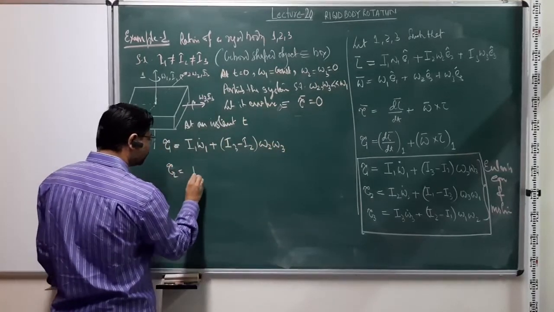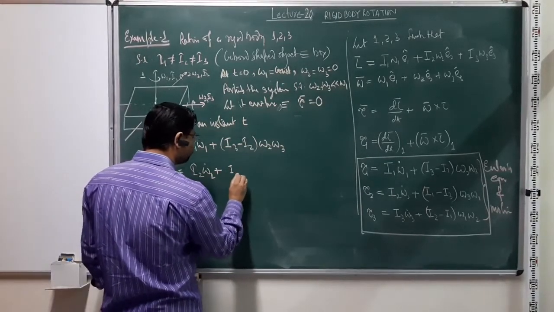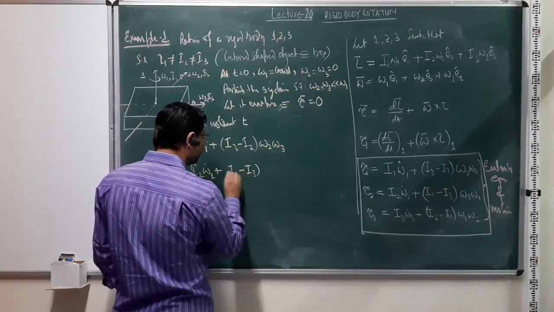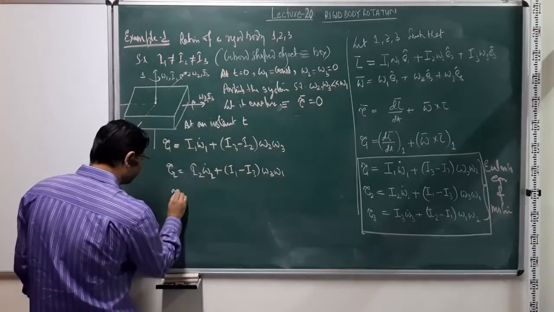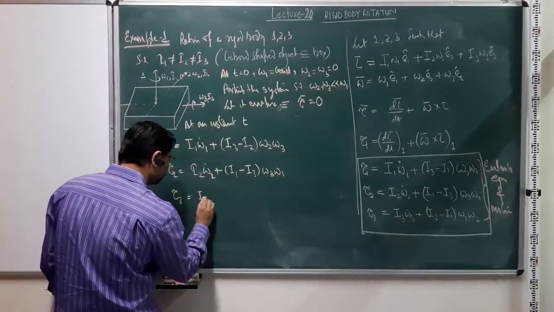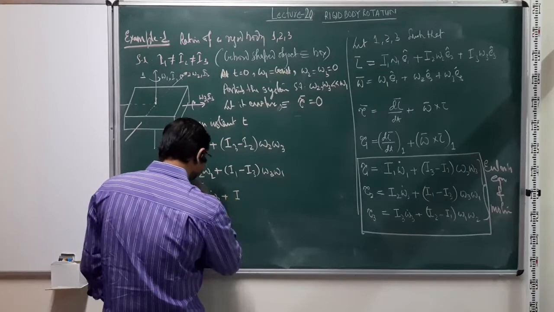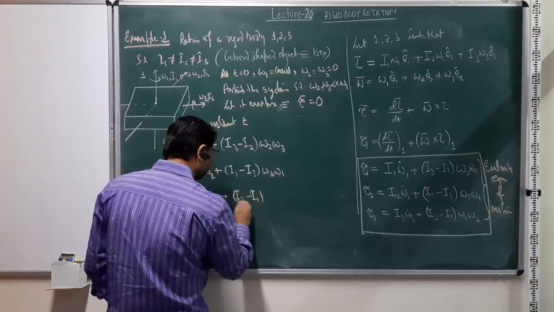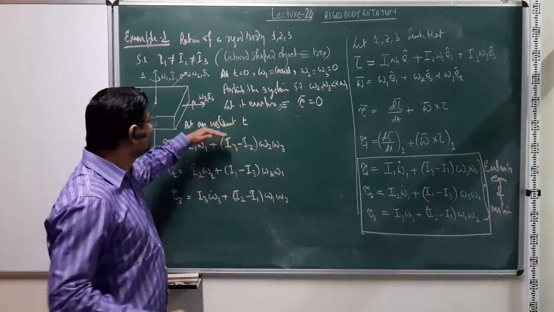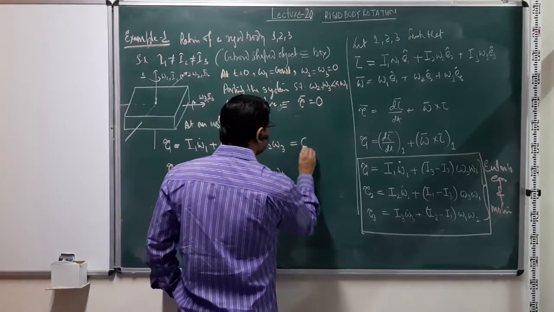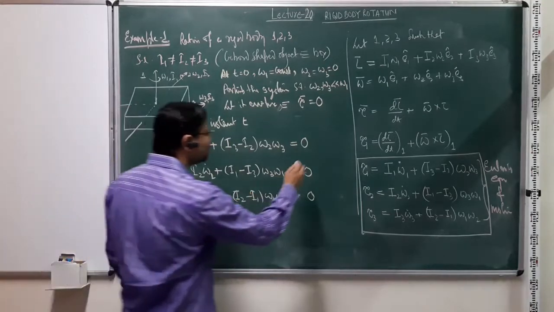Tau 2 is I2 omega 2 dot plus I1 minus I3 omega 3 omega 1, and similarly the third component, tau 3 is I3 omega 3 dot plus I2 minus I1 omega 1 omega 2, right? And now since we are saying that at the instant t there is no torque on the system, all these 3 components are equal to 0, right?